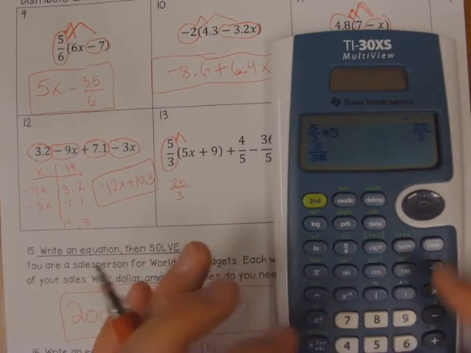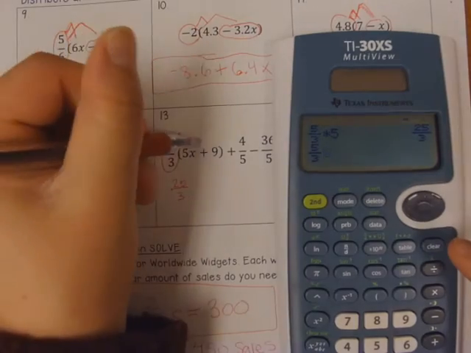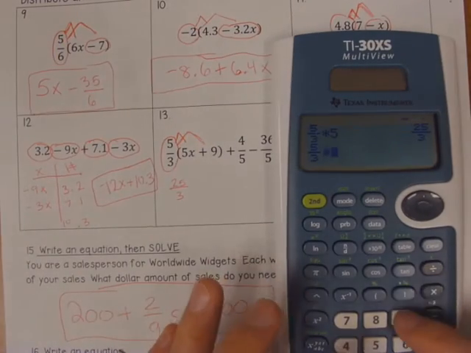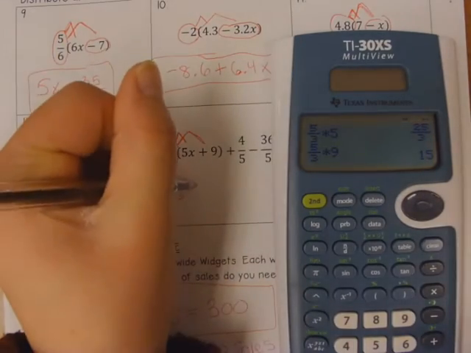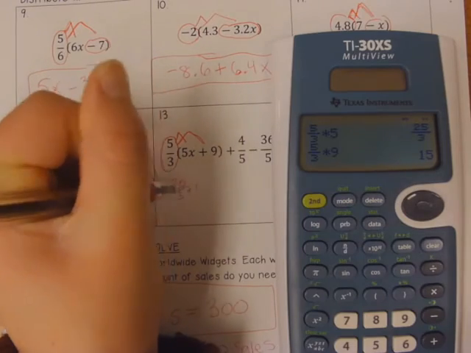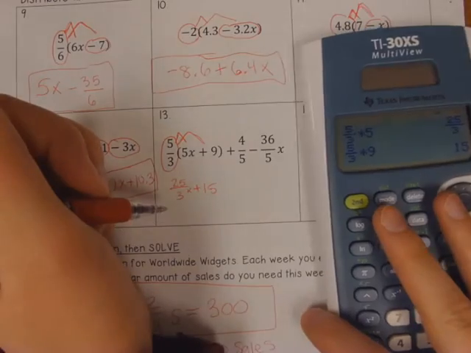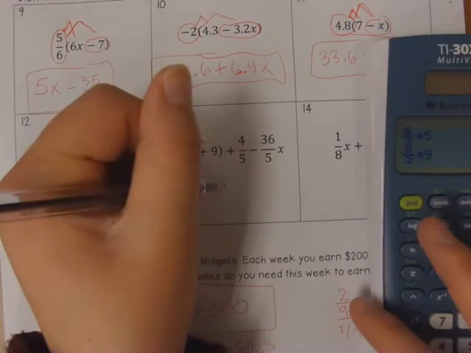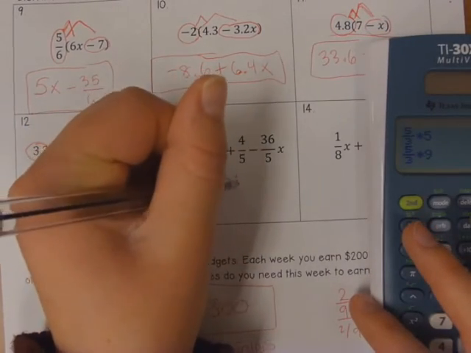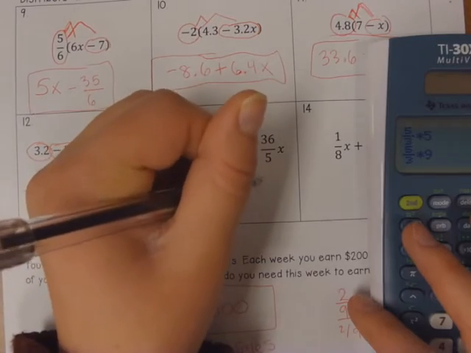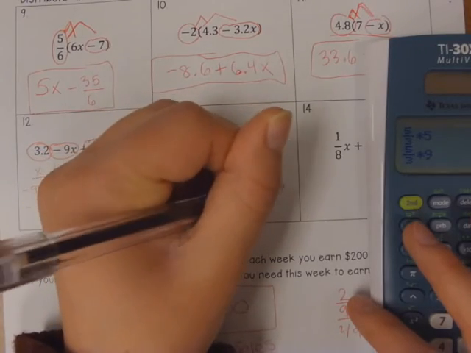Then you have 5/3 times a positive 9x, don't forget your x there, which is 15x. Plus 4/5 minus 36 over 5x.